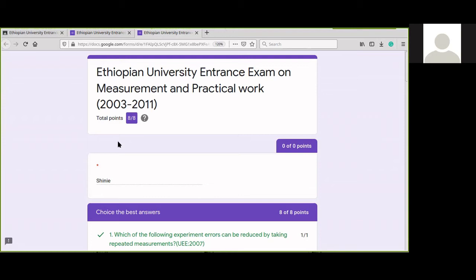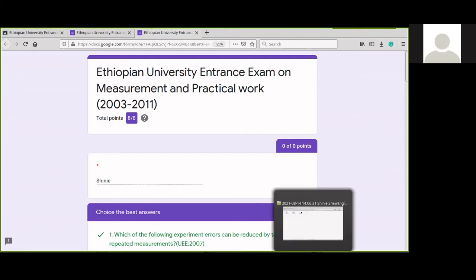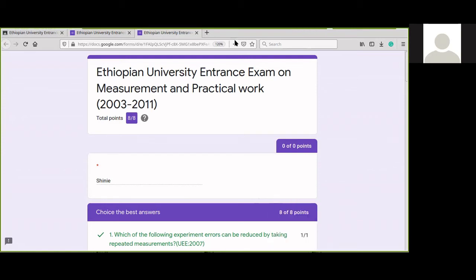So what is the uncertainty in kinetic energy?